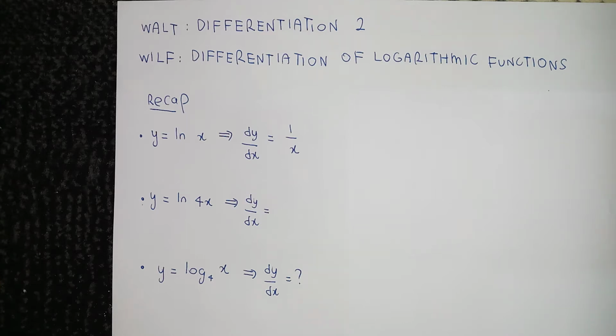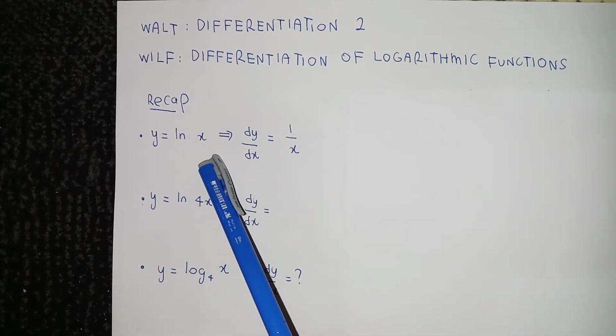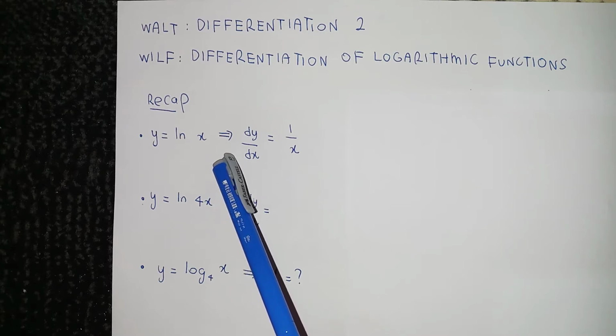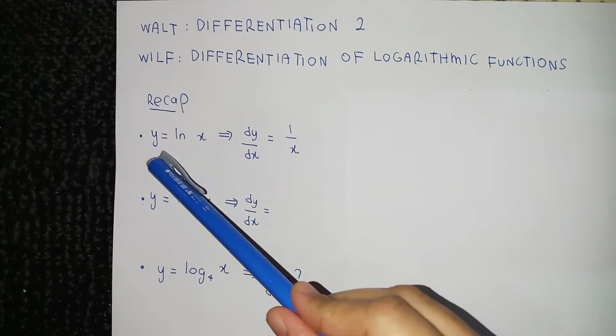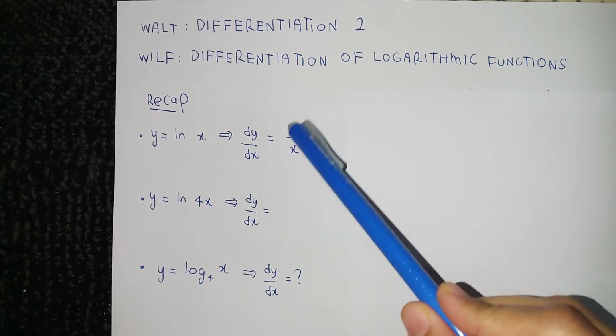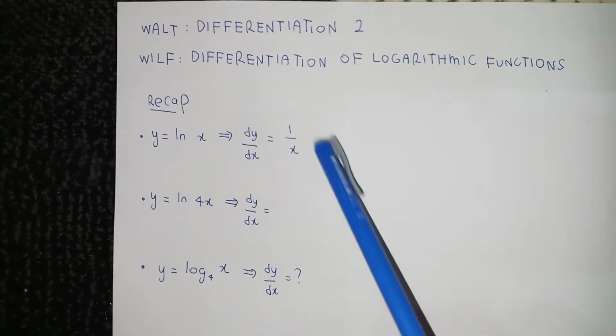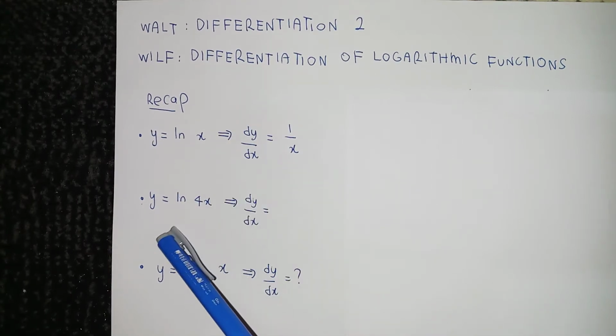So now I recap again and over again. When you have y equals ln x, sorry I don't have the board with me so I just use paper for this video. When you have y equals ln x, dy/dx is just 1 over x. I recommend you remember that. When I have y equals ln 4x, how do we differentiate this?